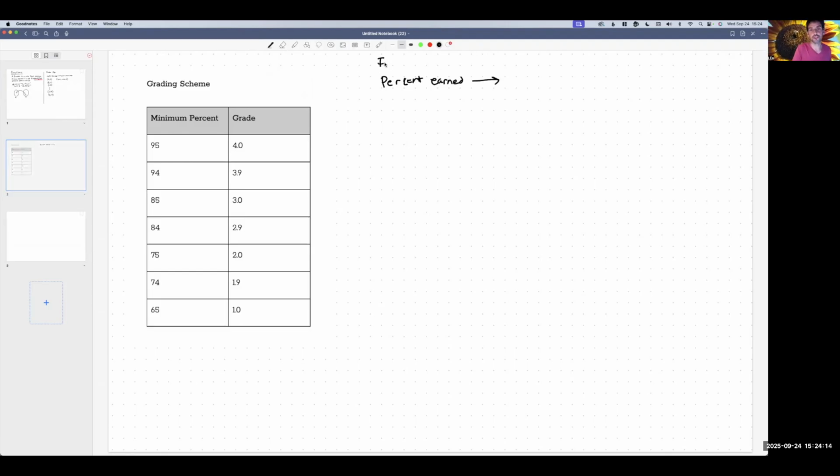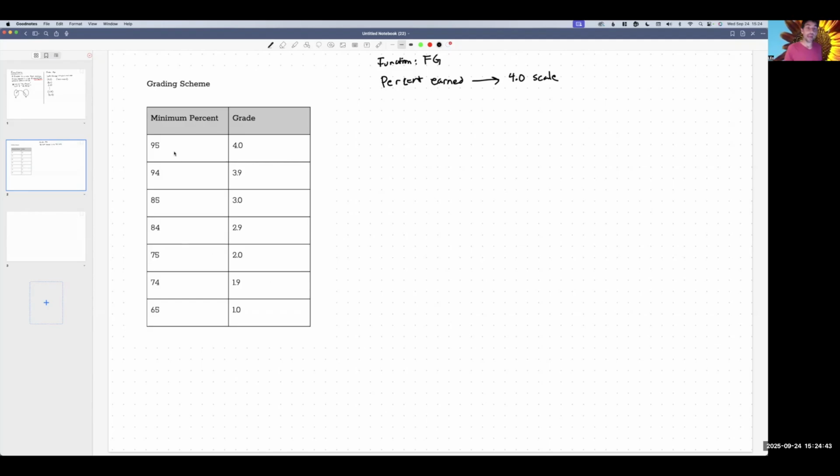Let's call this function FG for final grade. You get your percent earned, and that's going to be a score between 0 and 100, and the output is going to be its corresponding value on the 4.0 scale, so something between 0.0 and 4.0.